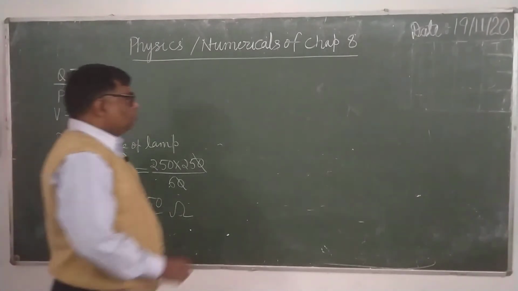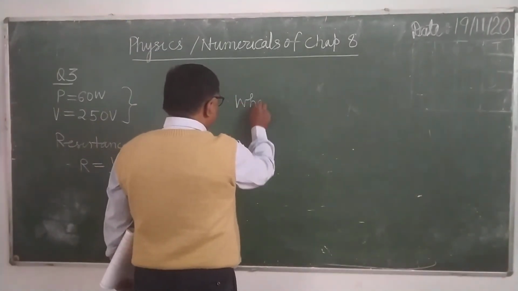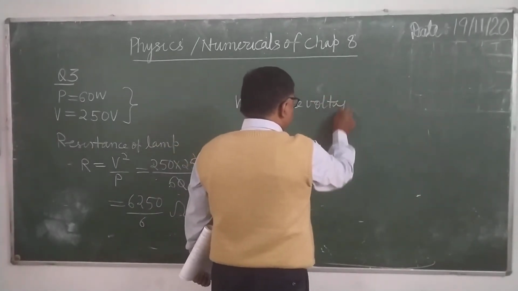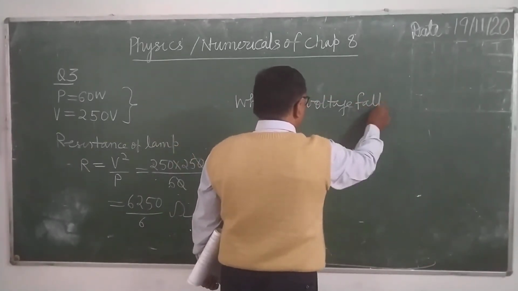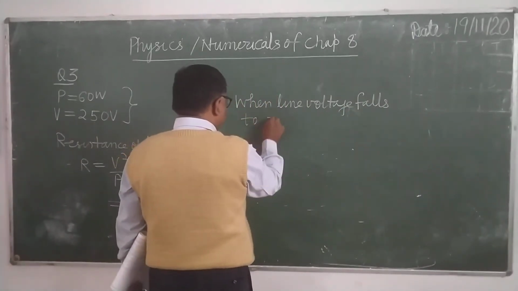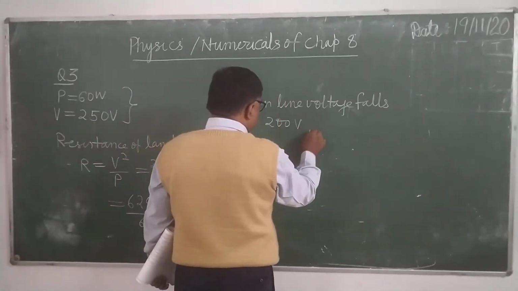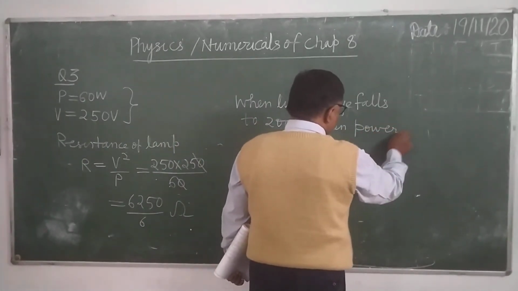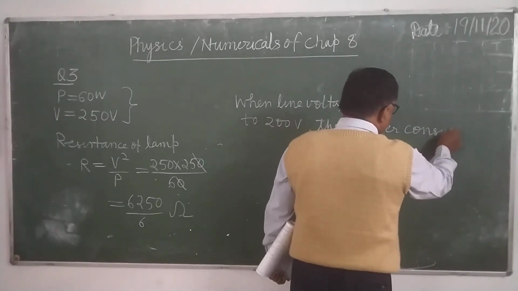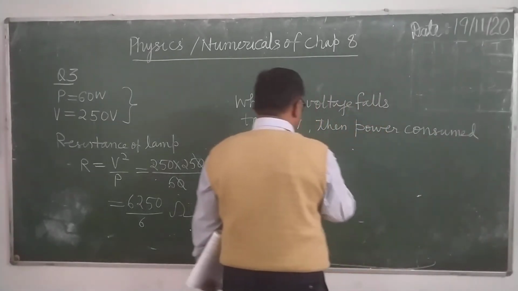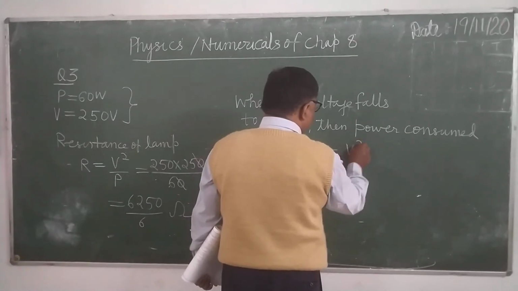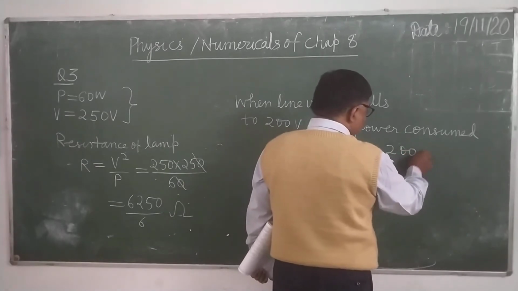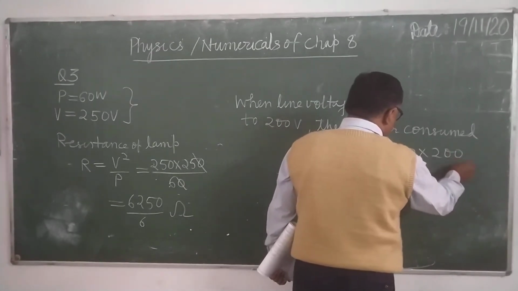So see here, when line voltage falls to 200 volt, then power consumed P equals V square upon R. What is V here? 200. It is clear? And what is R, already you have calculated.